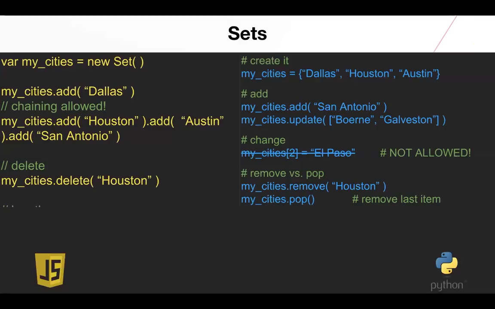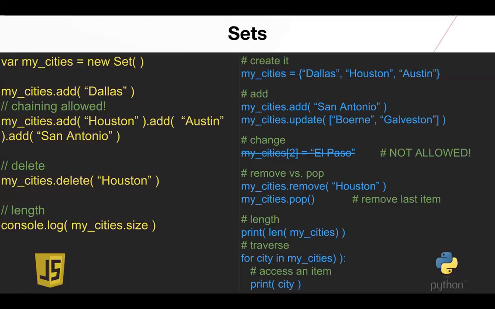We can remove items in a couple of different ways. We can remove by their value. We can pop to remove the last item that was added to the set. And like the other collections we've seen, we can access the length and we can traverse that set using a for loop, right?